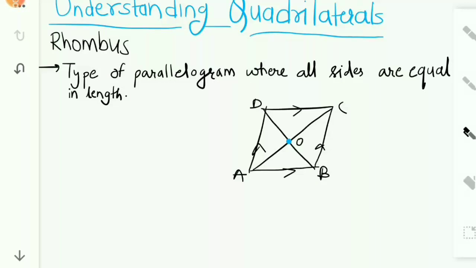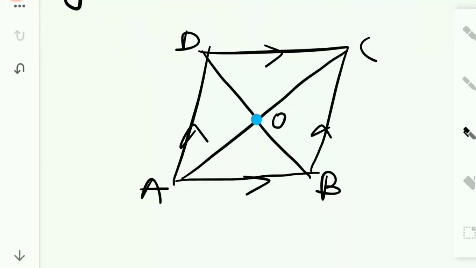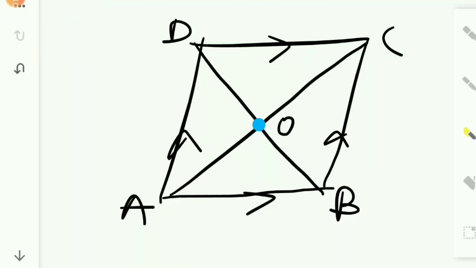AC and BD, two diagonals of rhombus, are meeting inside this rhombus at point O. Now we know diagonals of a parallelogram bisect each other. That means OD and OB are equal and AO and OC are equal.